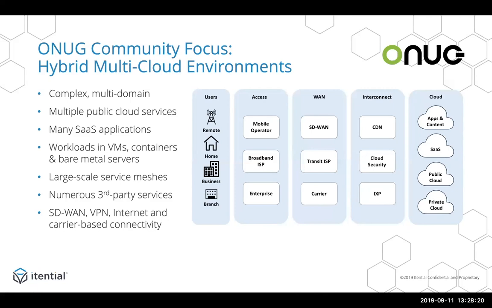You've got workloads running in different execution environments. Seeing the adoption of these large-scale, highly dynamic service meshes, and also a lot of dependencies on third-party services, and then of course leveraging a wide range of connectivity options. SD-WAN's the newest thing, but you still got VPNs, internet, wireless, and carrier-based connectivity.